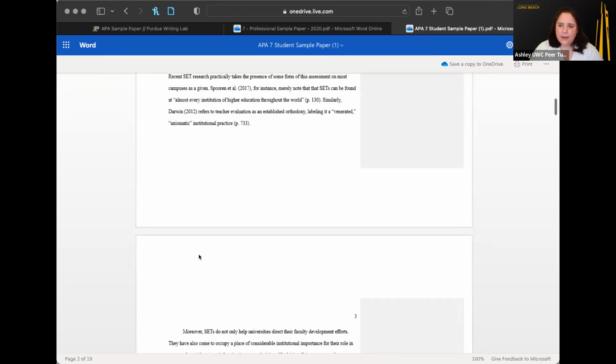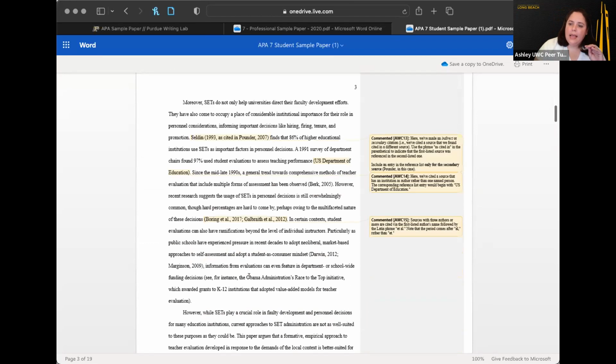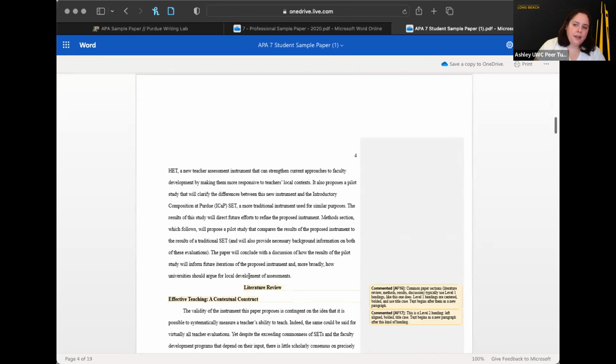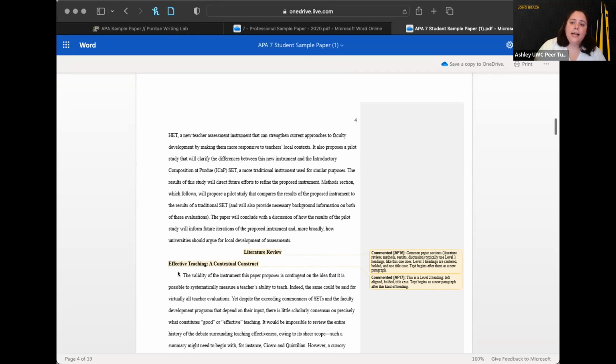So say you're writing a paper, your introduction, you're going to be using the title of your paper for the introduction, and that's going to be in the center. And then say another section, you have the literature review. You're going to write that in the center because it's a different section, right? And then the subsection of the literature review is bolded and left aligned.